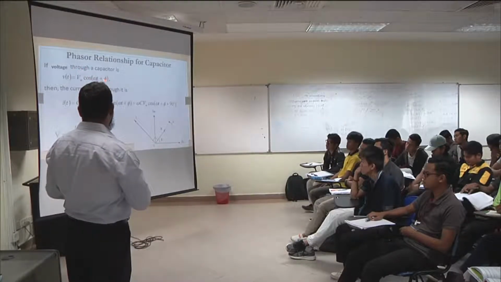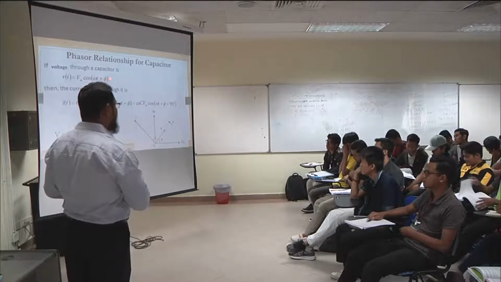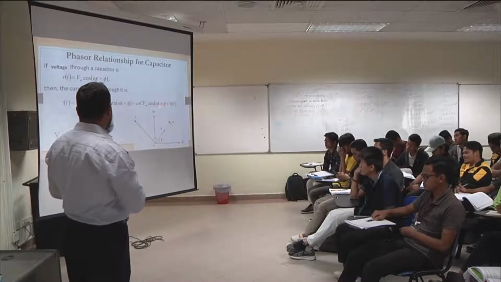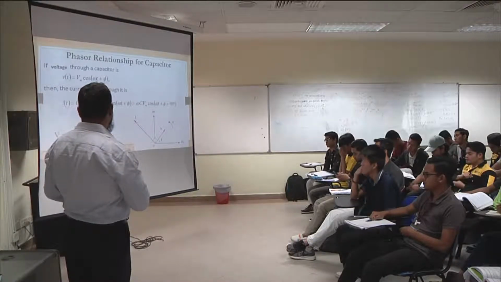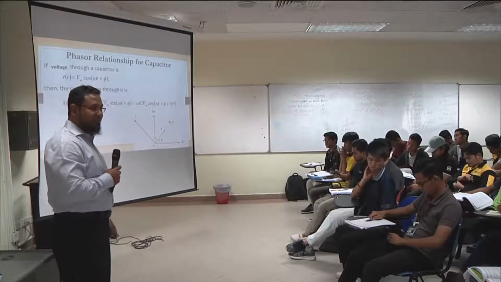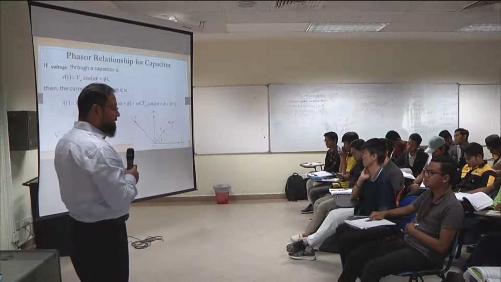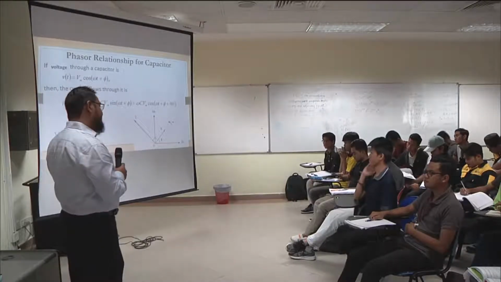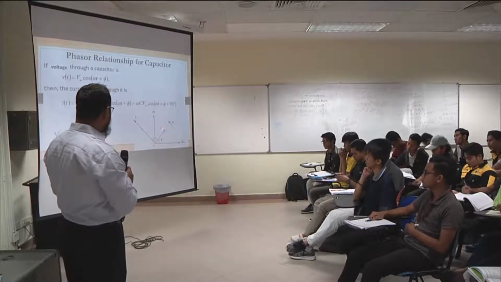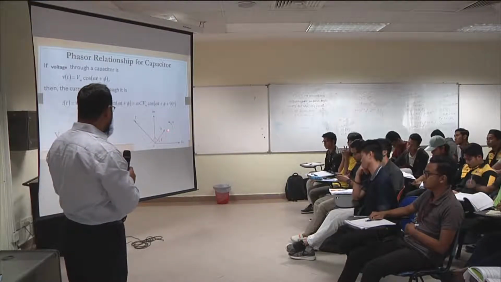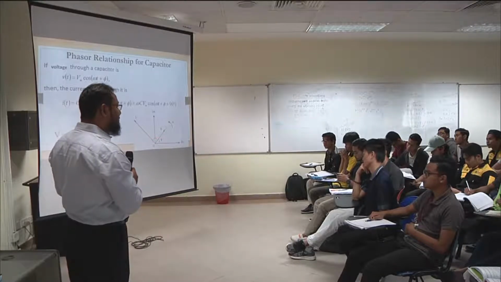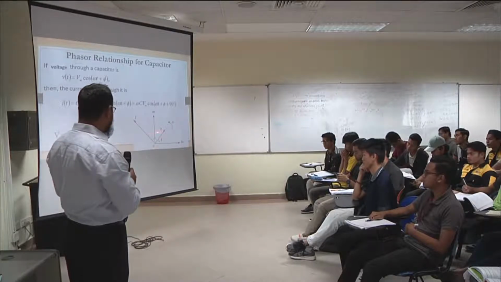So this is the voltage across a capacitor. In phasor form it is Vm with an angle of phi. Then the current flow through it is this. We already covered this, and that's how you get the impedance or the reactance of a capacitor, which is 1 over j omega C or negative j over omega C. And this could be the relationship. If the voltage is here, the current through the capacitor will be leading the voltage by 90 degrees. Okay?